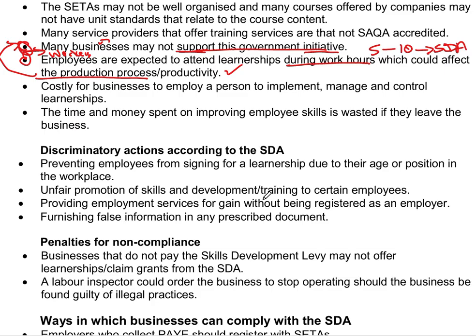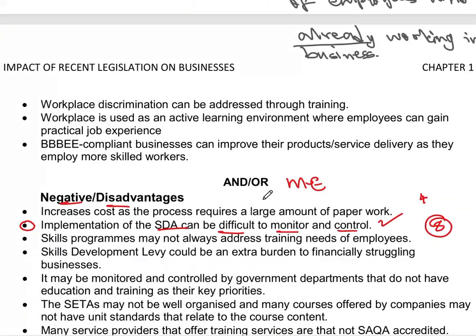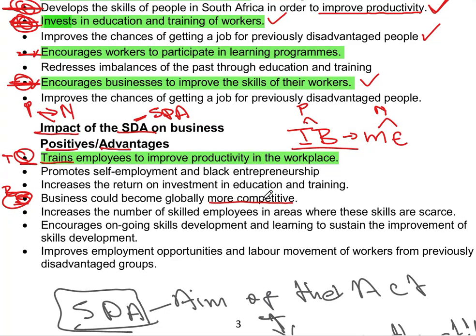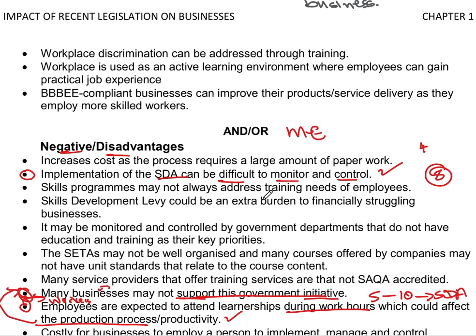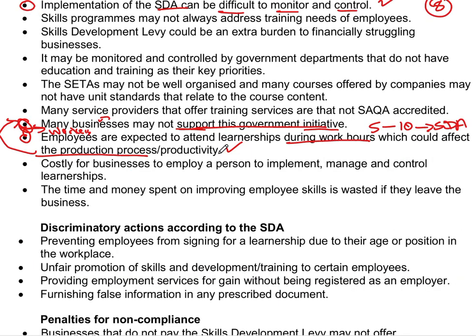Then you should say these are the impacts of the Skills Development Act. Then I'll ask you, tell me what the T, B, E is. T is for train employees to improve productivity in the workplace. B is for businesses could become globally more competitive. E, we know that many businesses may not support this government initiative. E is for employees are expected to attend learnership during work hours, which could affect the production process or productivity.